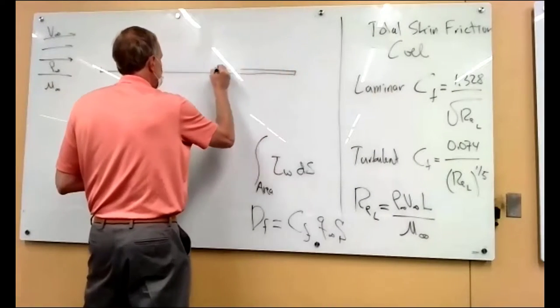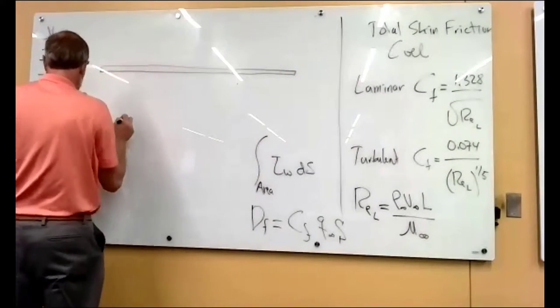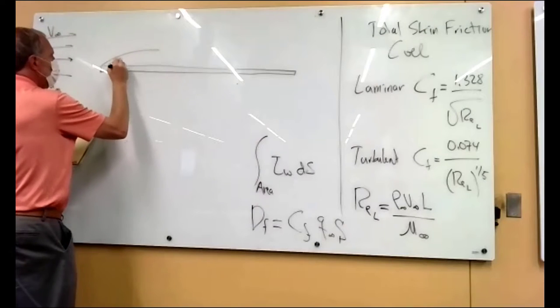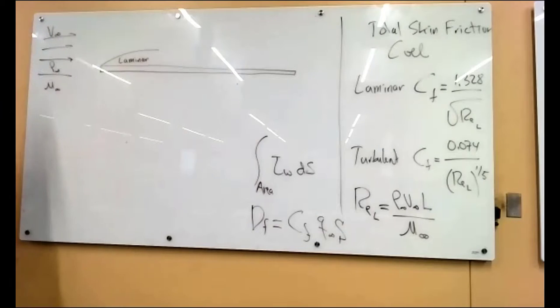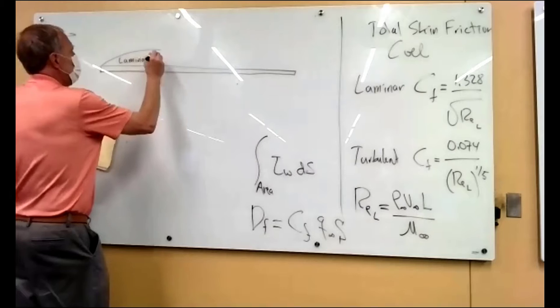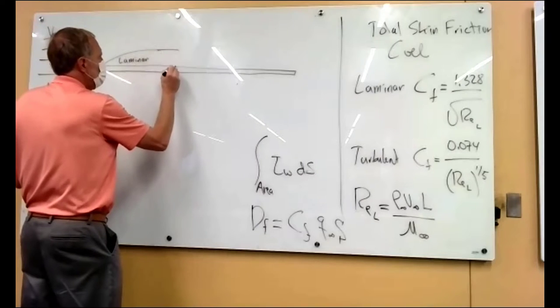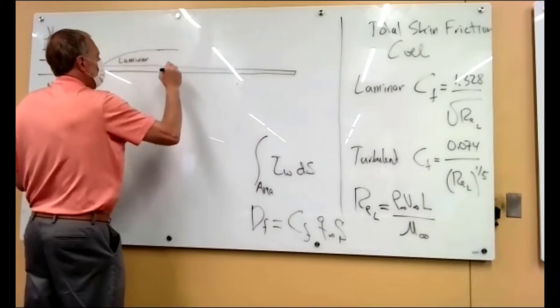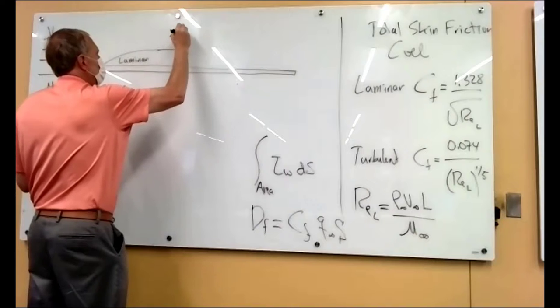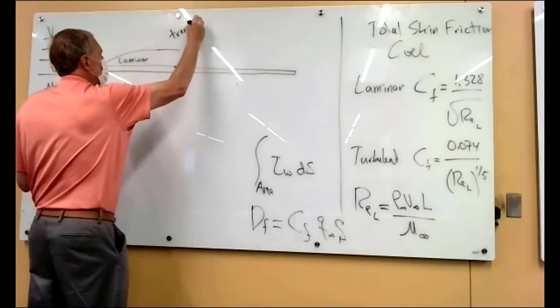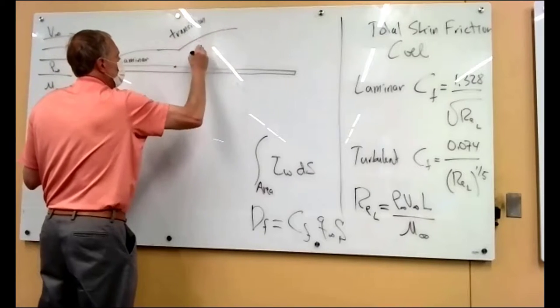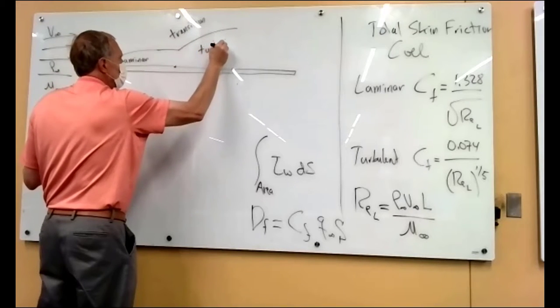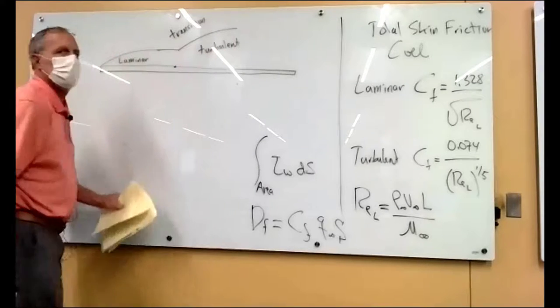If the plate is long enough, you initially get a laminar boundary layer. Nice, smooth flow, not very much mixing. And at a certain point, the flow gets disturbed enough by the roughness that you get what's called transition. And you get a turbulent boundary layer after that.